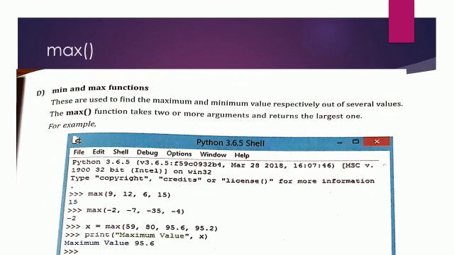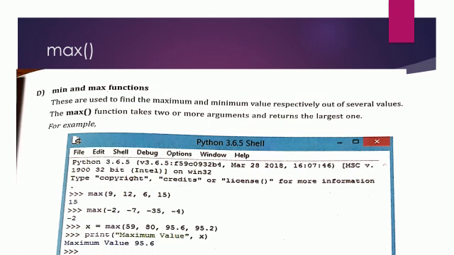Okay, now the max function. The max function is another built-in function which takes two or more values as arguments. As soon as you see the name max, it is mostly related to something maximum, right?